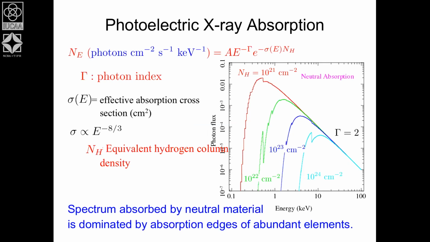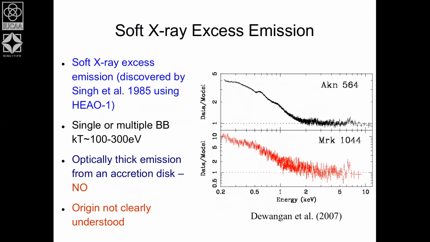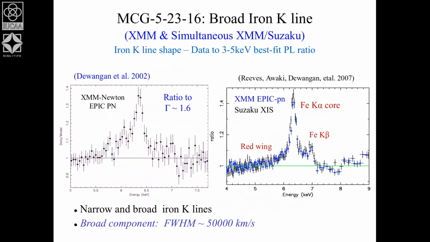Okay, I think I will skip this. In the next couple of minutes, I will only mention one more thing. This is the iron line. In AGN spectra, we observe the iron K alpha line, which sometimes is very broad. If you recall, I had mentioned that the width of optical emission lines is about 5,000 to 10,000 kilometers per second, the velocity width.